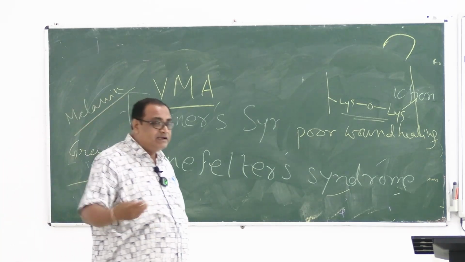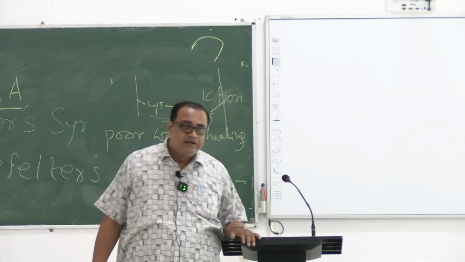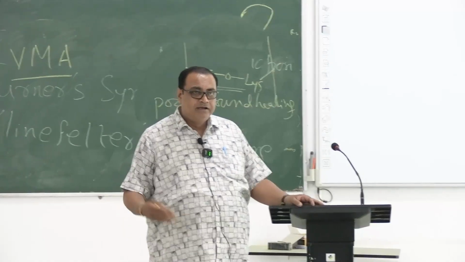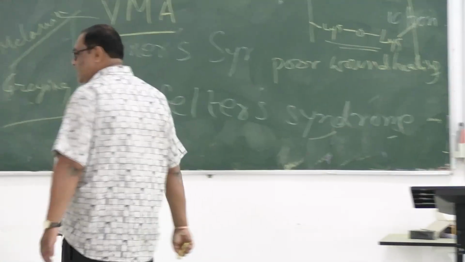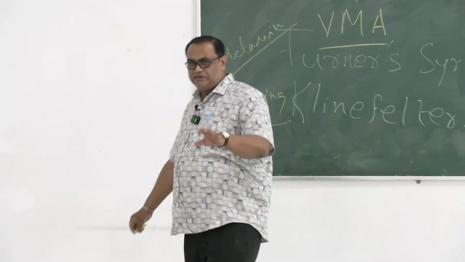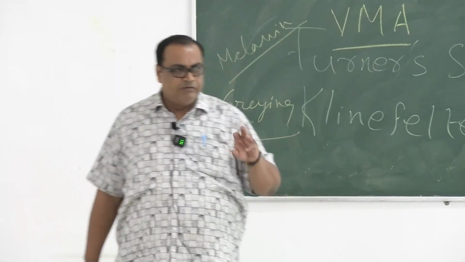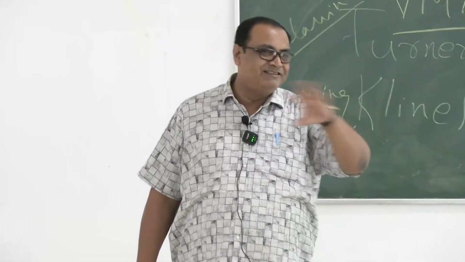Increase synthesis. Name the condition. Good, correct. Pheochromocytoma. Very good. Pheochromocytoma means ectopic production of catecholamine. Sometimes have some kind of a type of cancer, where epinephrine, norepinephrine are synthesized not in the adrenal gland but somewhere else in the body.